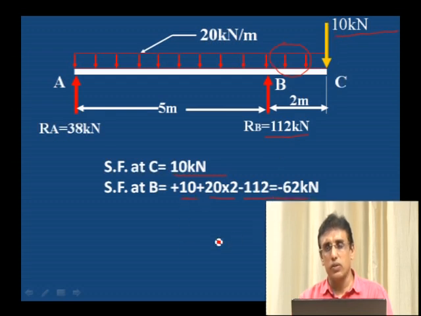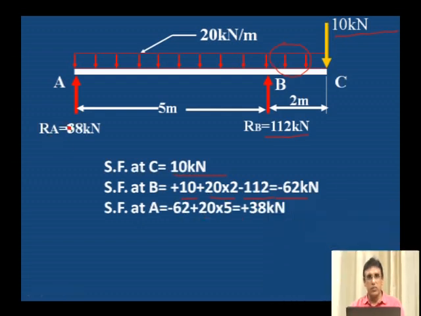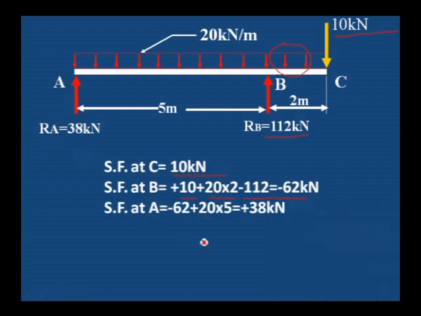Therefore, minus 62 kilonewton is the shear force at B. Shear force at A, minus 62 is the previous value plus 20 into the balance UDL, 20 into 5. 20 into 2 is already considered in the previous value, and 20 into 5 is the balance. Therefore, 38 kilonewton is the shear force at A, which is equal to the RA value.